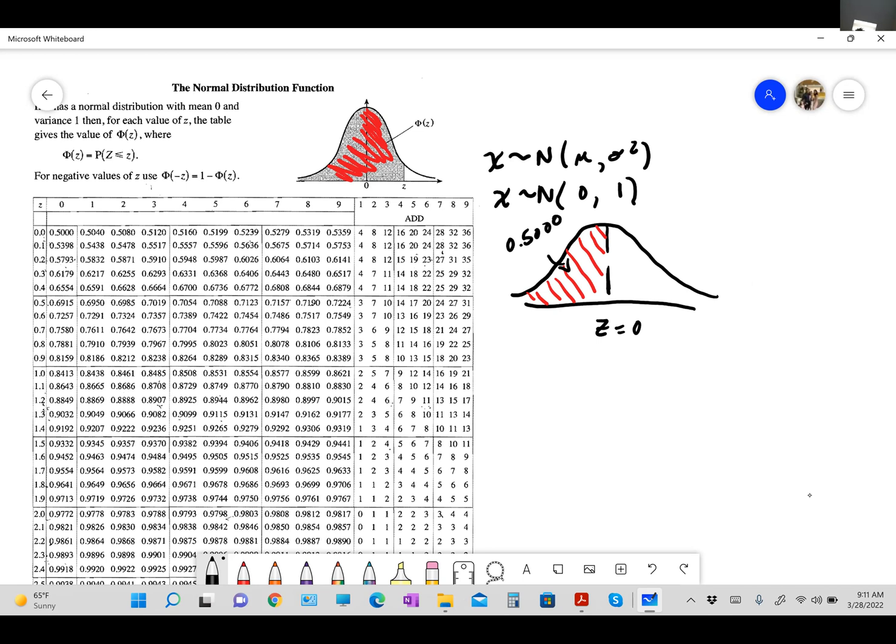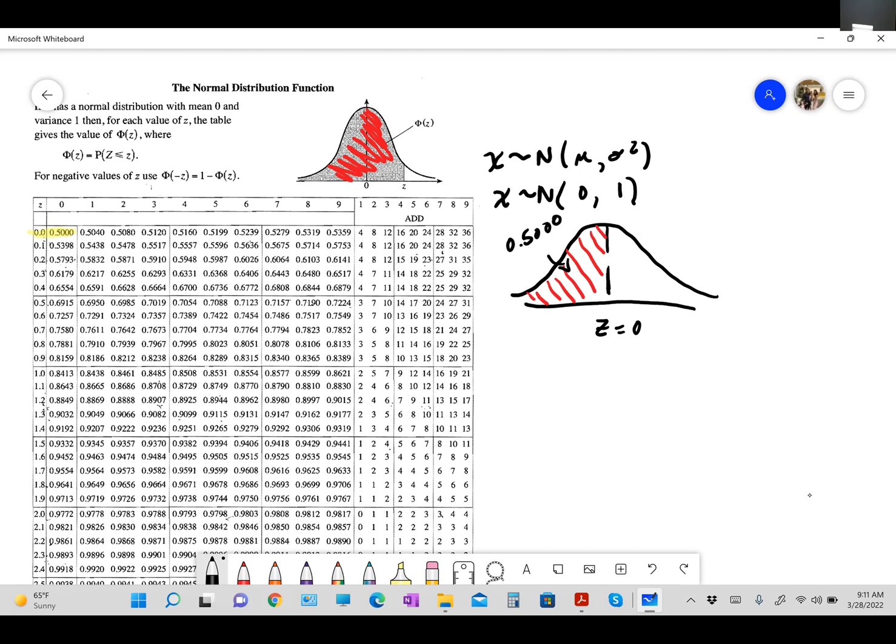Now, if we take a look at a z-score of 0.0, look what area is stated there. It says 0.5. That's the area that's stated there. As you increase your z-score, for example, can somebody tell me what the 0.01 z-score area is?